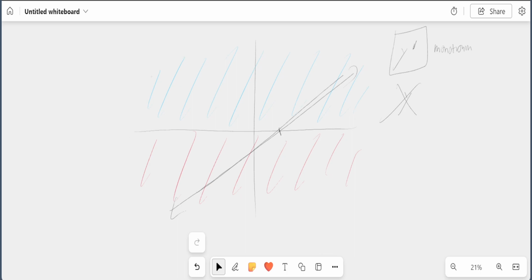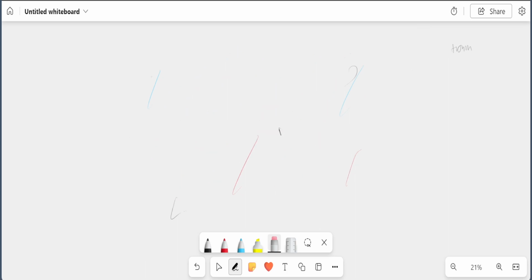Okay, so if this was a y line, then it's not monotonic because... Let me redraw it. So you're saying if this was a y line, why would that not be monotonic?